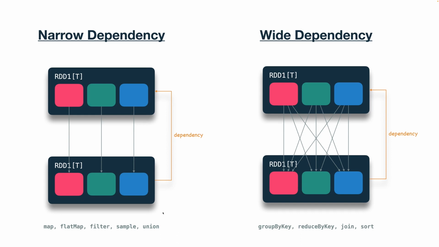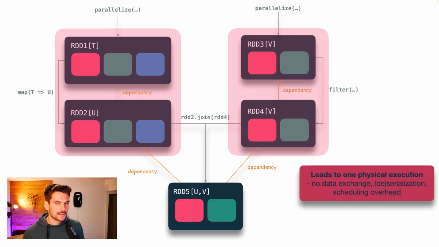And now we can talk about the most important optimization that Spark can do for us using the RDDs in the core API. Now that we have our abstract computational procedure with wide and narrow dependencies defined between the RDDs, Spark can say, okay, we have one dependency here, and we can already tell it's a narrow dependency.